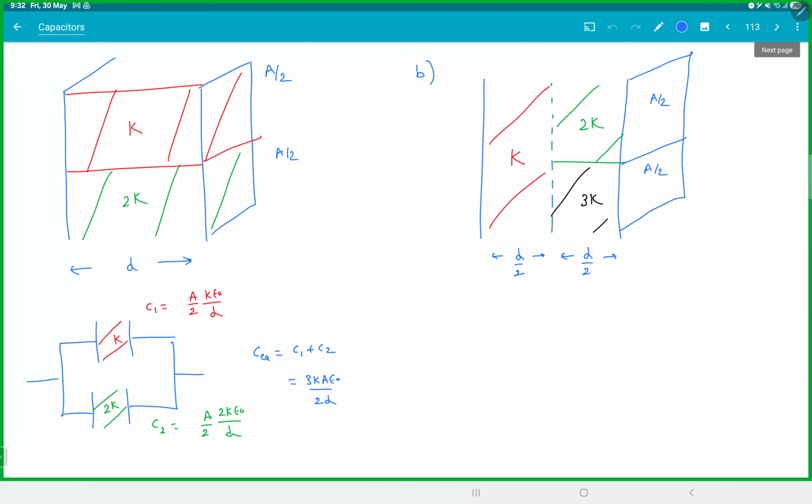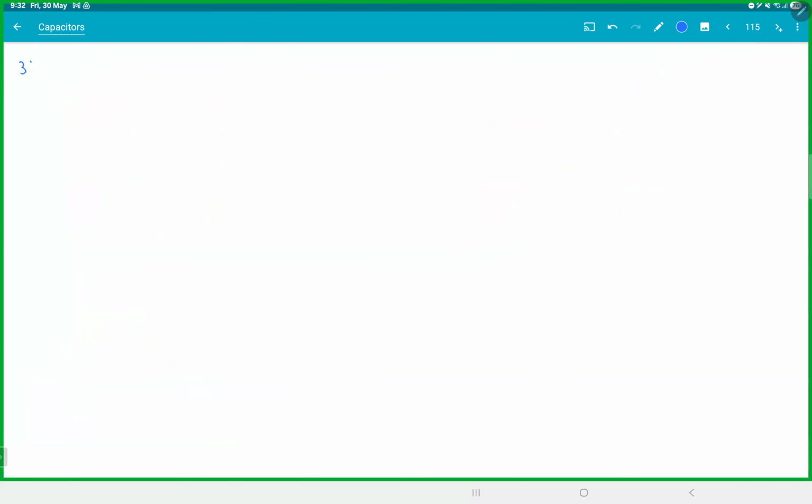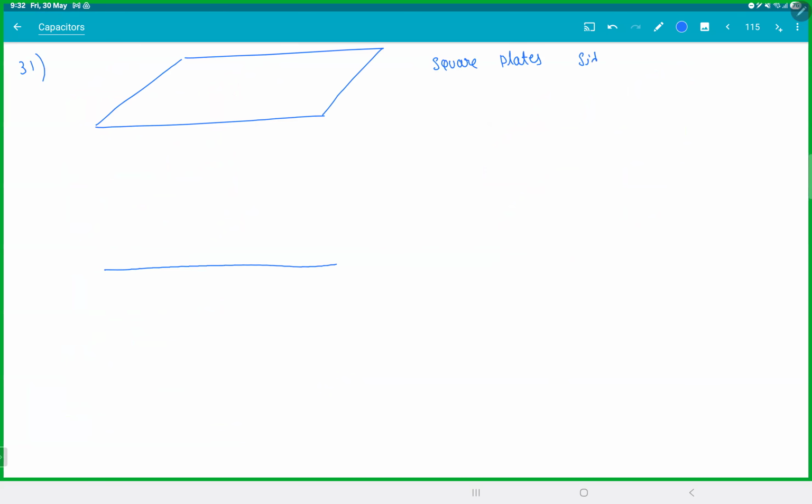Let's see something better. What if I take 2 parallel plates, square plates of side A, and fill the dielectric like a sandwich?